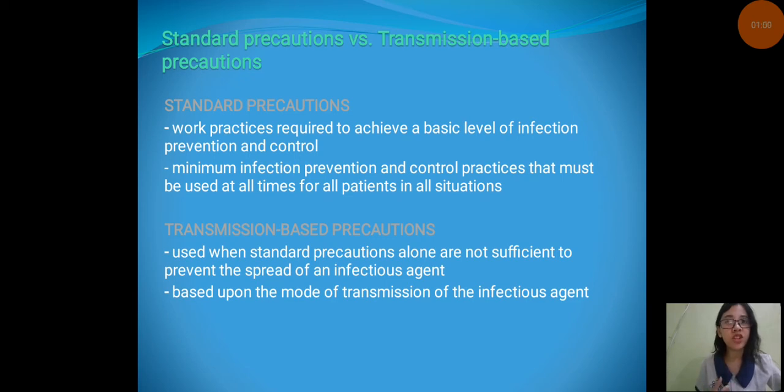Standard precautions are the minimum infection prevention and control practices that must be used at all times for all patients and in all situations, while transmission-based precautions are based upon the mode of transmission of the infectious agent. So these two are used for infection prevention and control risk management and are also approaches that minimize or prevent the transmission of infection.